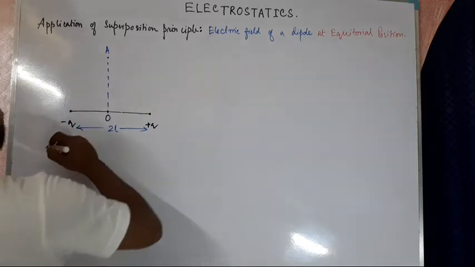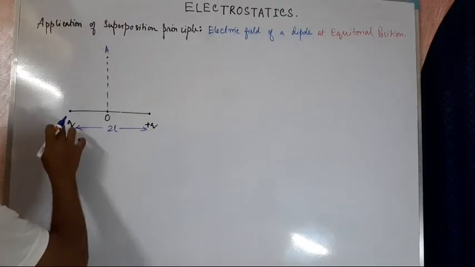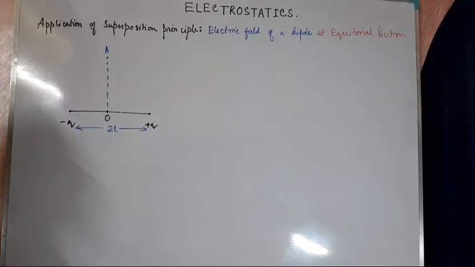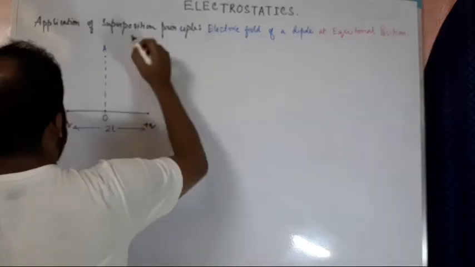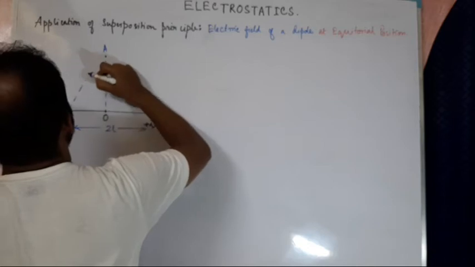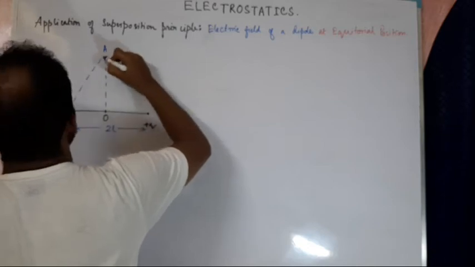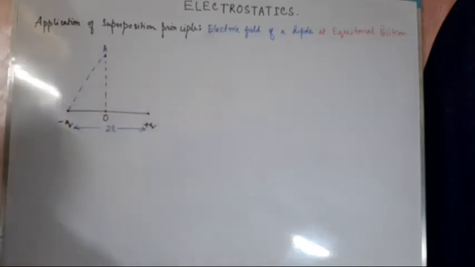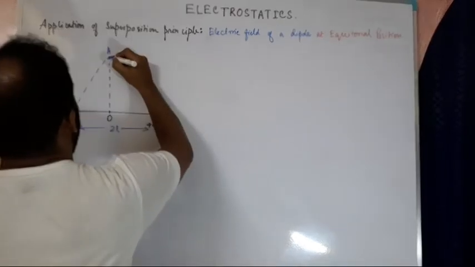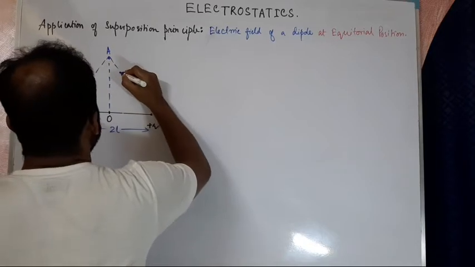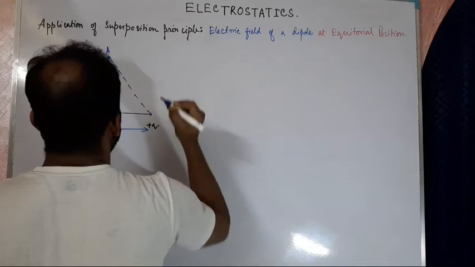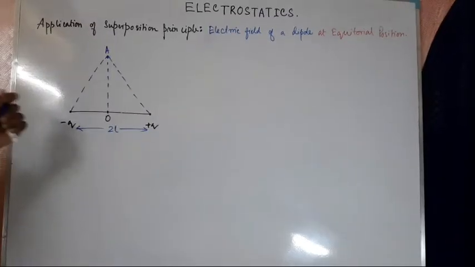How? We need to find the electric field at A due to minus q and plus q separately, and then add them vectorially. In order to do that, we have to find the actual distance of the charge minus q to the test charge placed at A. Also, we need to find the distance of the charge plus q from the test charge A.